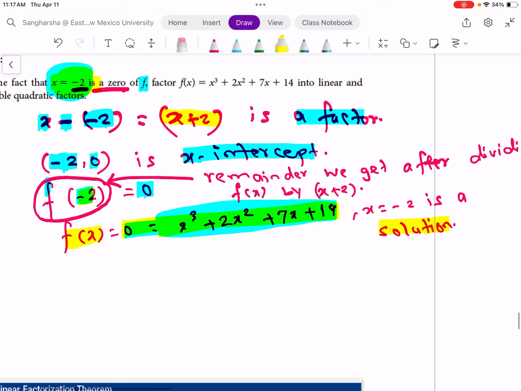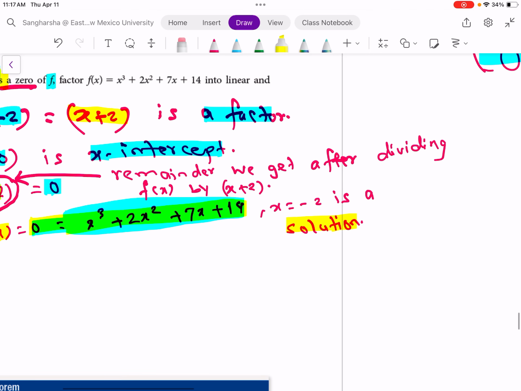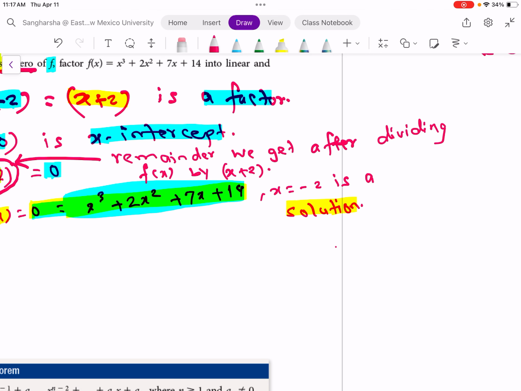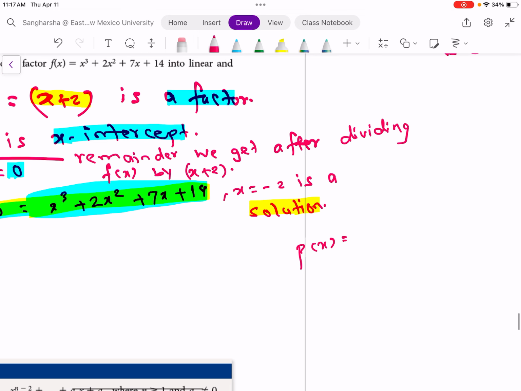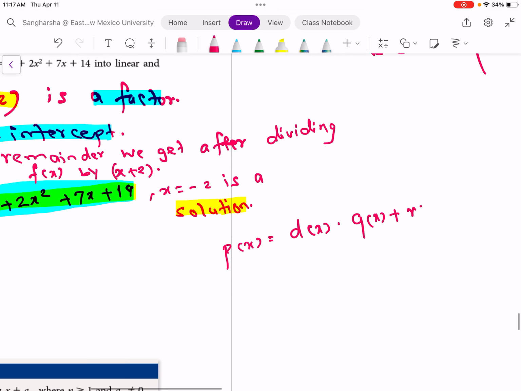And the reason is that if we have a polynomial function, we can write it as a divisor d of x times the quotient q of x plus remainder r of x, right? In this case our remainder is 0, so we can write our polynomial function p of x as the divisor times q of x.